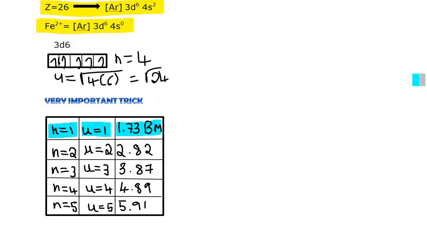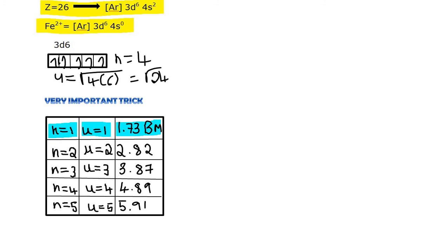If n is equal to 1, the magnetic moment is 1.73. If the value of n is 2, the magnetic moment is 2.83. If n is 3, that is the number of unpaired electrons is 3, the magnetic moment is 3.87. If the number of unpaired electrons is 4, the magnetic moment is 4.89.